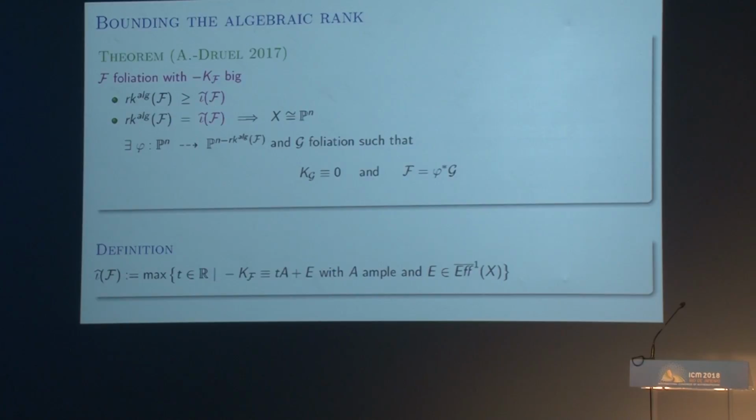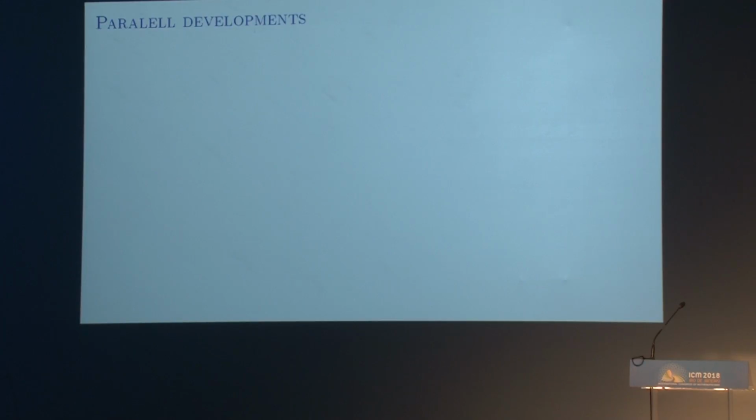And again, the bound is attained exactly in the case of Pn and the foliation given by a pullback under a linear projection of a foliation with numerically trivial canonical class.